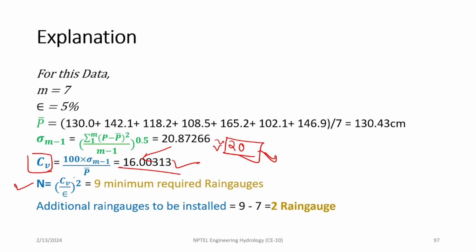Yes, E is 5, you are right. 16 divided by 5 is 3.2, square, we are getting 10.24.